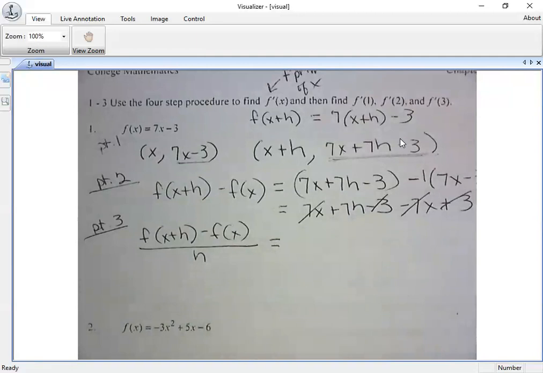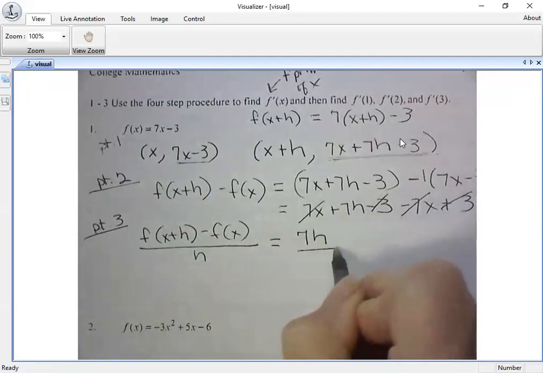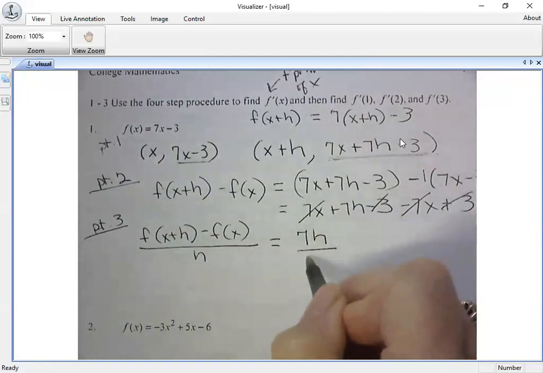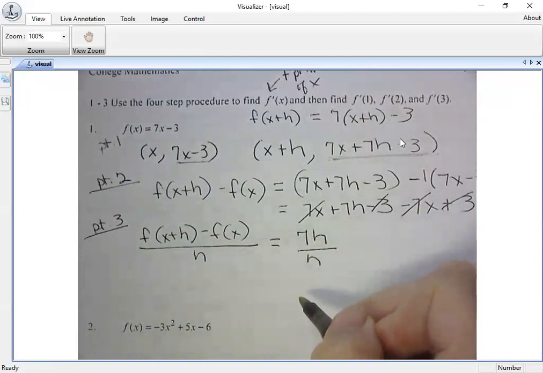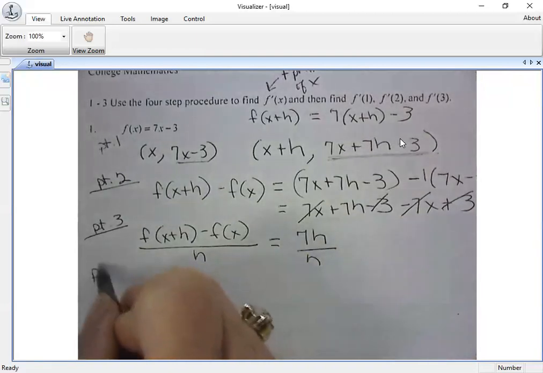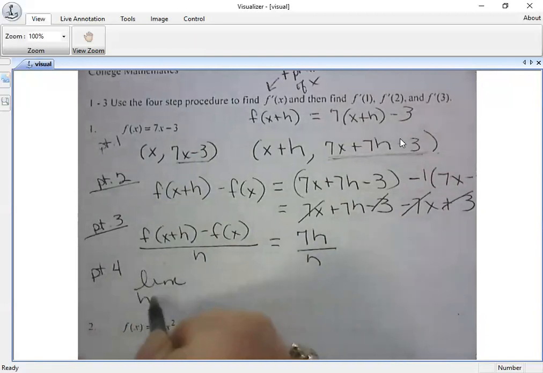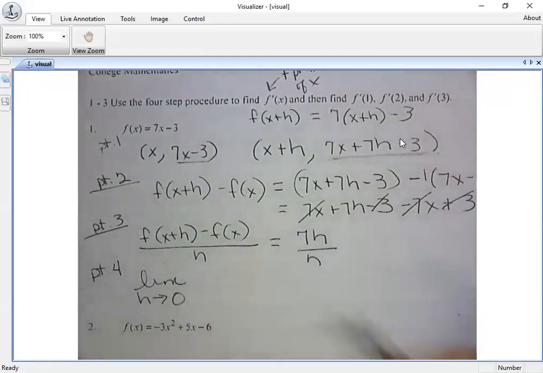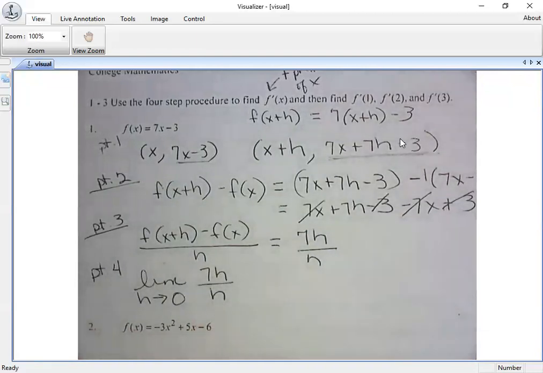So that's going to give me 7h on top over, what's in the bottom? H. Okay? And the last step is I'm supposed to find the limit of that as h approaches 0. Now, do you see something else that can clean up?